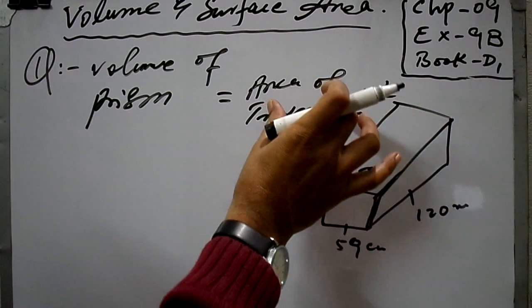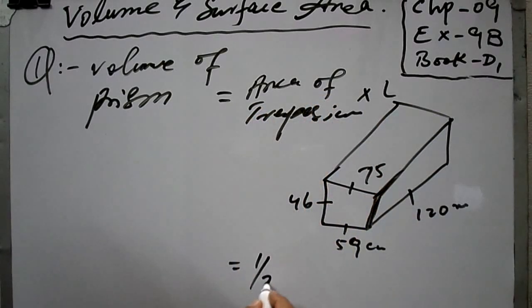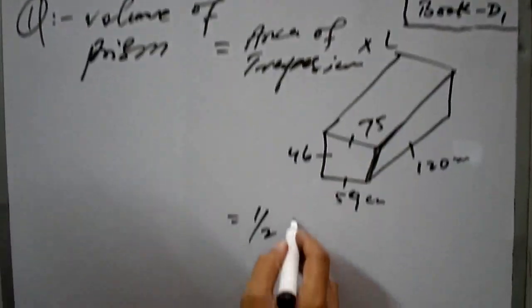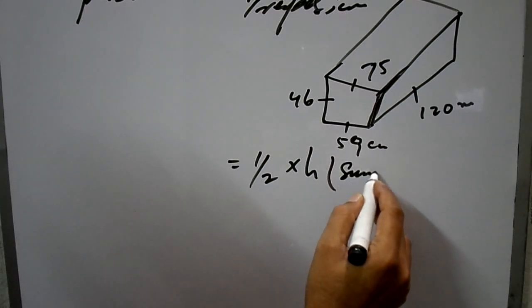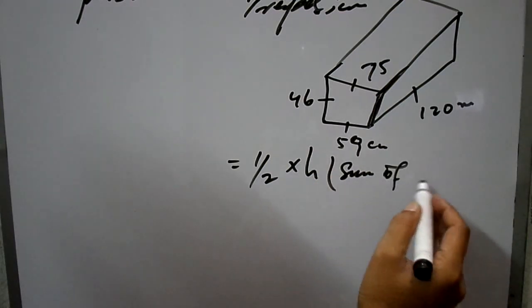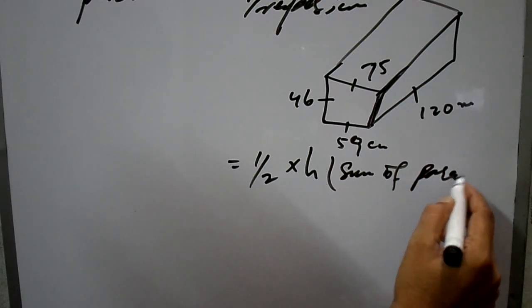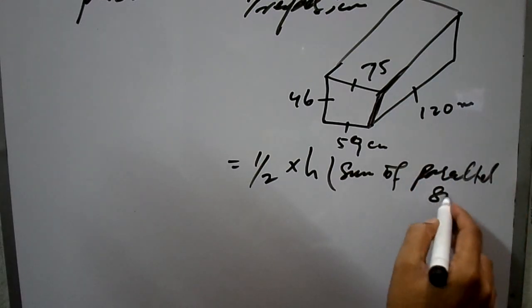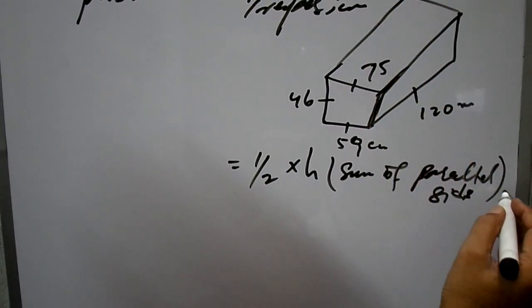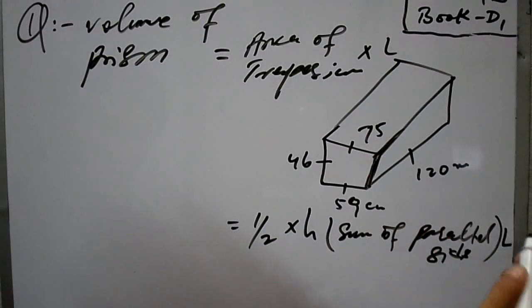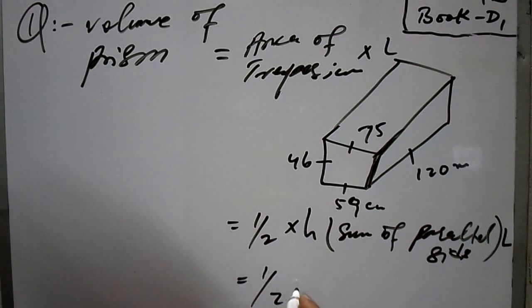So what is the formula of area of trapezium? Area can be found as half height into sum of parallel sides, and multiply by L. So that is your formula. You can see here what is its height.